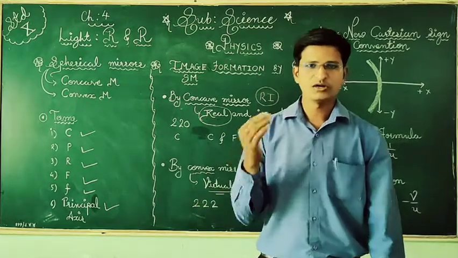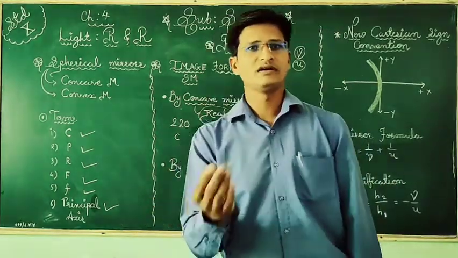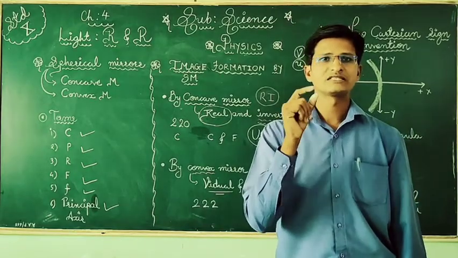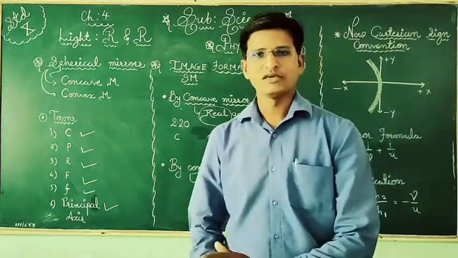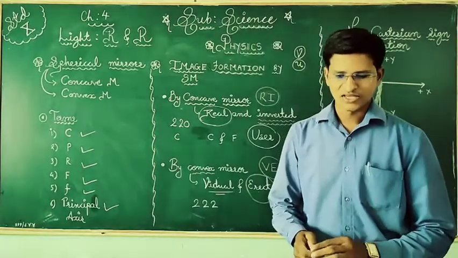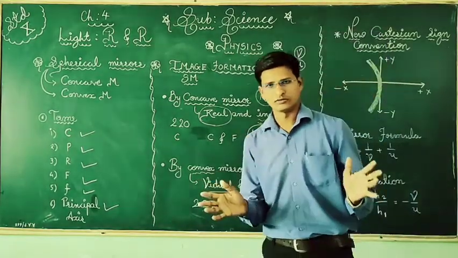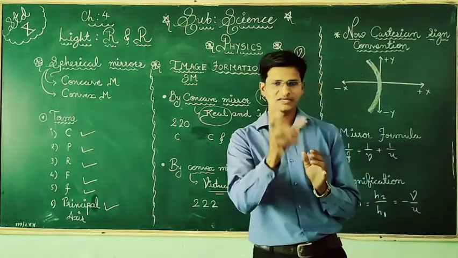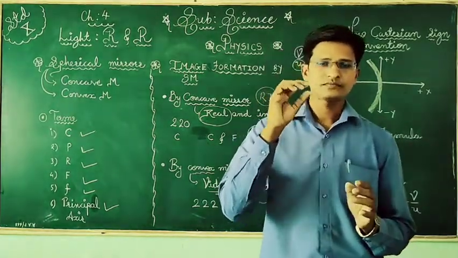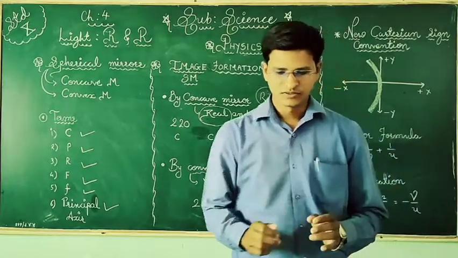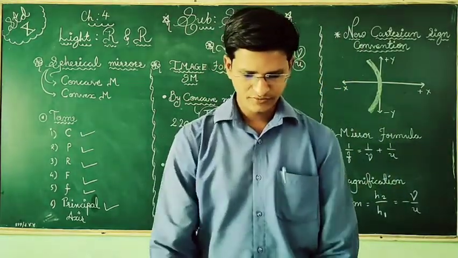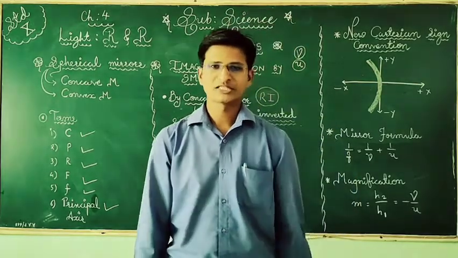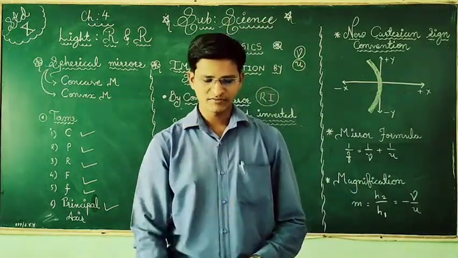The image given by the convex mirror is virtual and erect, and the size of the image is very small, diminished. Highly diminished means very small, microscopic type, and diminished means small. So this is the position of the object in front of the convex mirror.